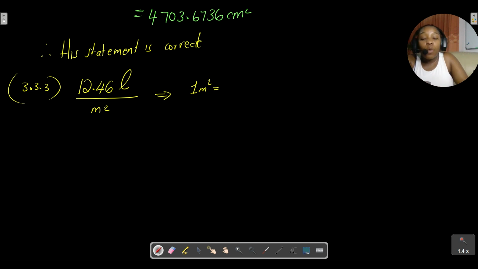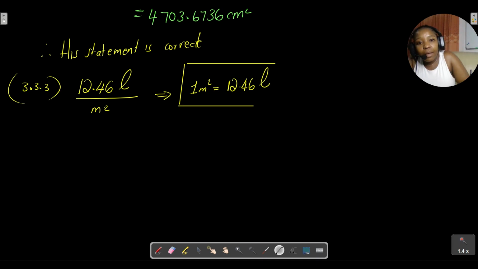An area of 1 meter squared needs 12.46 liters of paint. That's it. Write it as an equation, because once you have it as an equation, life becomes a breeze, because whatever question they bring at you, you'll be ready for it.